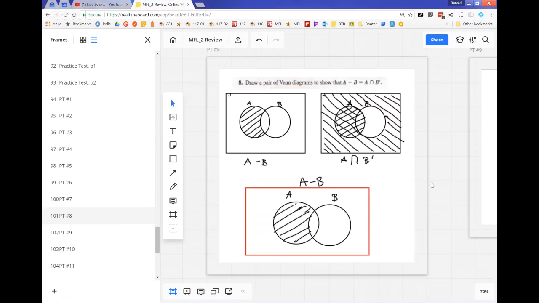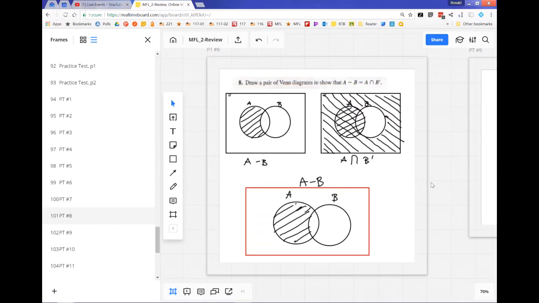By the way, the important part of number 8 is that when you draw your Venn, you're supposed to draw a Venn diagram of each side of the equal sign. On the left I have A remove B, and on the right I have A intersect B complement.